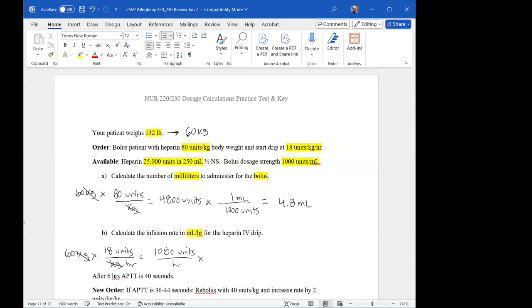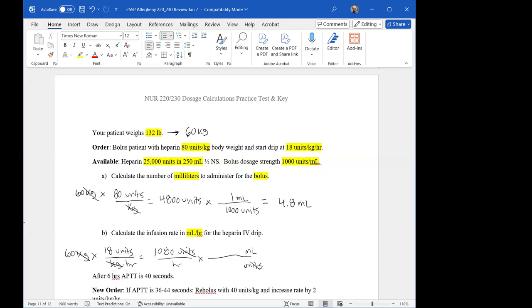And we don't want units per hour. This is why, when I reviewed the heparin infusion and then the insulin infusion, I was doing that first: it's good practice before you even get to this. You've already gone units per hour to milliliters per hour. You know that we want units here because they'll cancel out, and we want ml here.